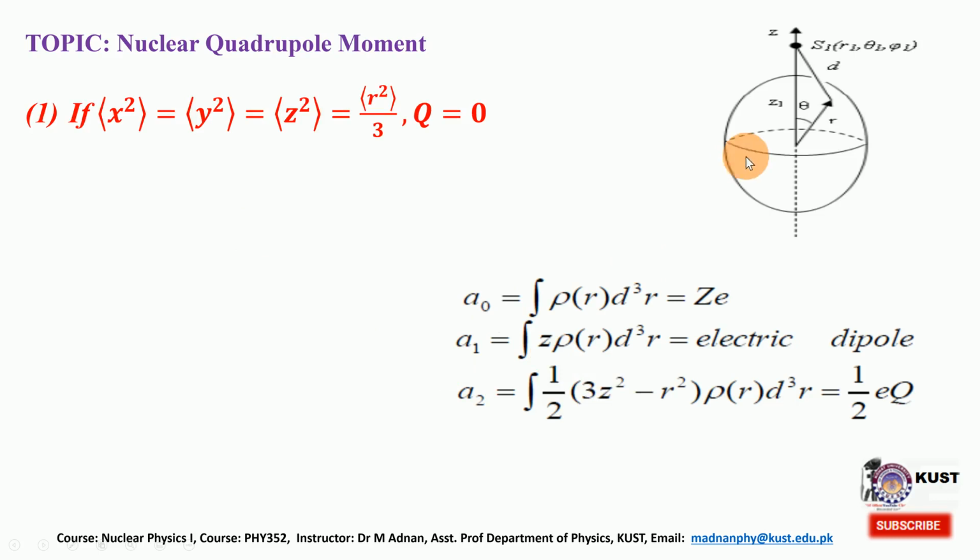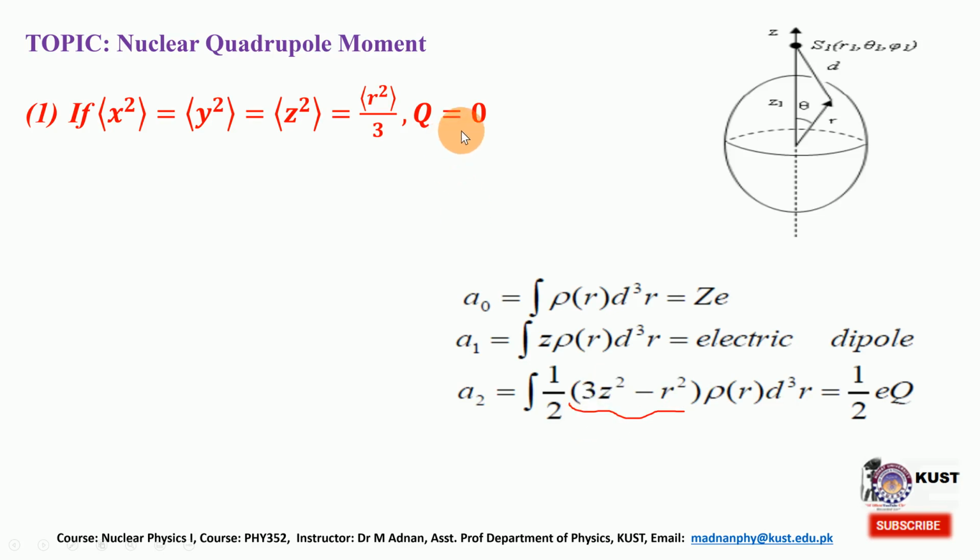Now in that expression, based on this figure, if you make x equal to y equal to z, that will be equal to r square by 3. If you just put that in this expression, if you make this z square equal to this r square over 3, then in that regard this q will be 0, because this will be r square over 3, that 3 will be cancelled out, and then r square and r square will be cancelled out.